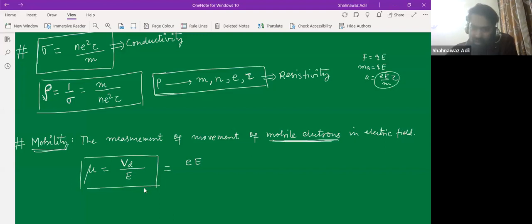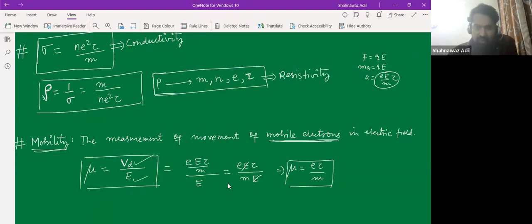Then you will get Vd, so eE tau by m, divided by E. This E will cancel and mu would be simply e tau by m. So that is the mobility, right? You can either calculate it with velocity or with this. These are the three things: conductivity, resistivity, and mobility.